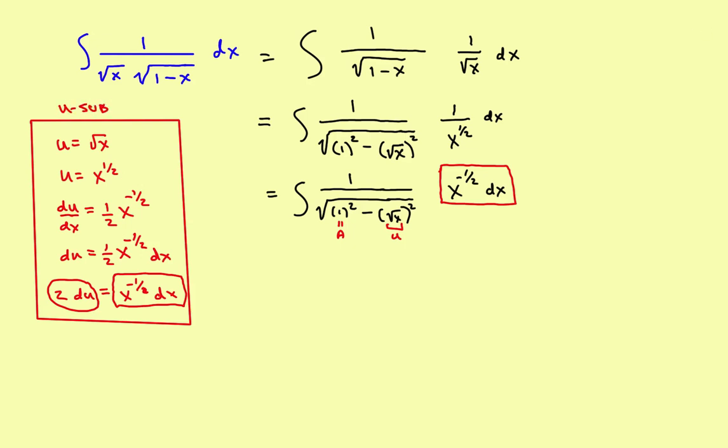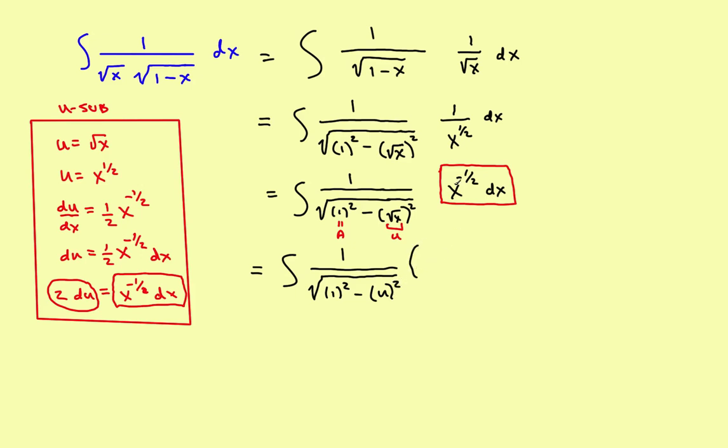Okay, now let's go ahead and change this from an x problem back into a u problem. So what this is going to give you would be the integral of 1 over the square root of, now here you still have your 1 squared, but we'll change the square root of x, which is equal to u. This will become u squared.